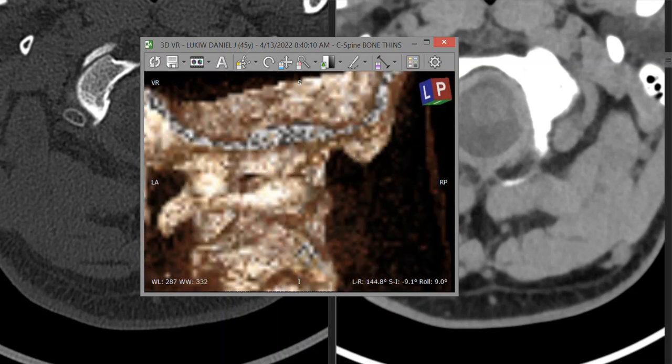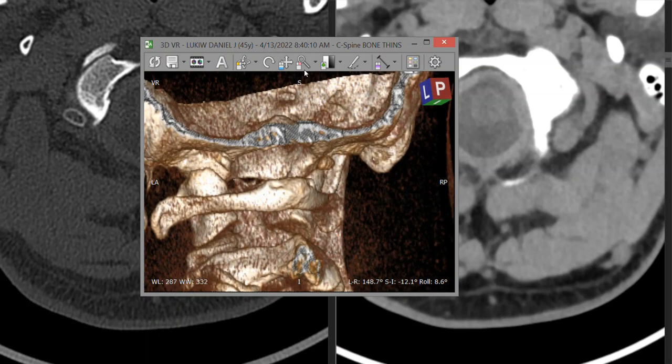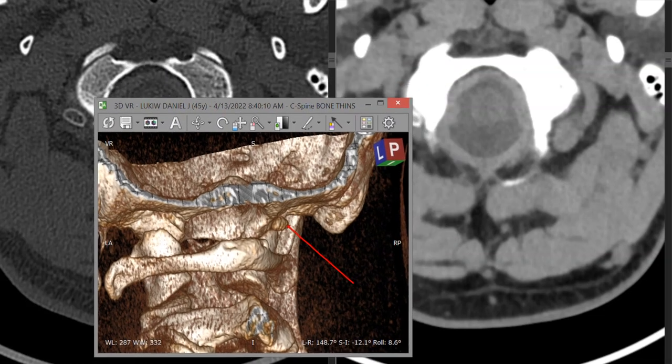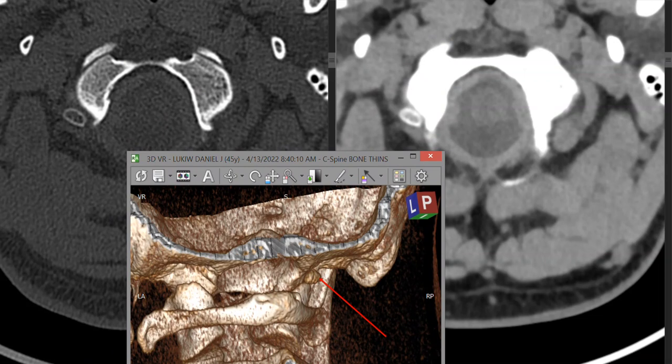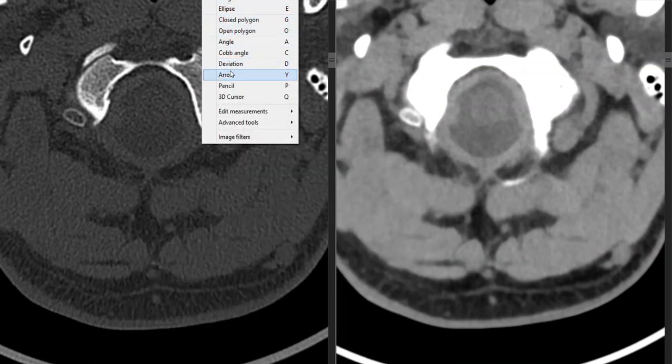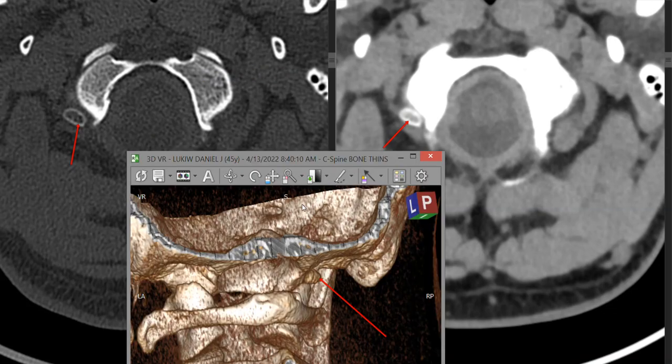Let me pull this back. I'm going to get an arrow on this so that we can show what we're looking at. This is obviously the right side, and we're going to put this guy down right here, and then I can pull in arrows, right side, and pull him back up, and then I can get a screenshot of this.